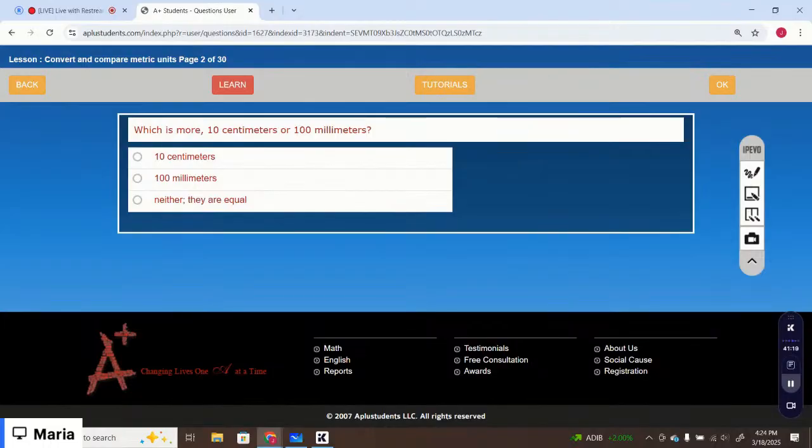So they both are exactly equal because 1 centimeter equals 10 millimeters. So 10 times 10 is 100. So they both are exactly equal.